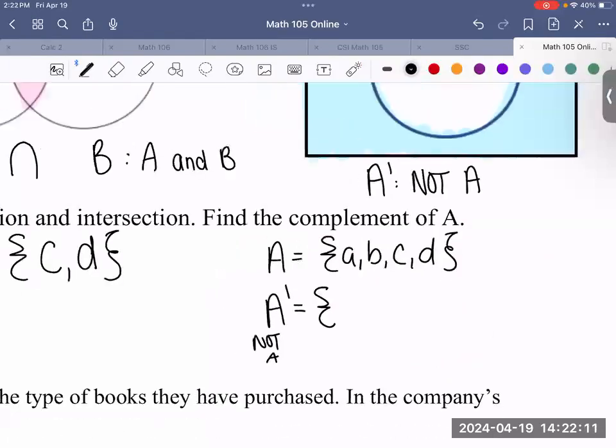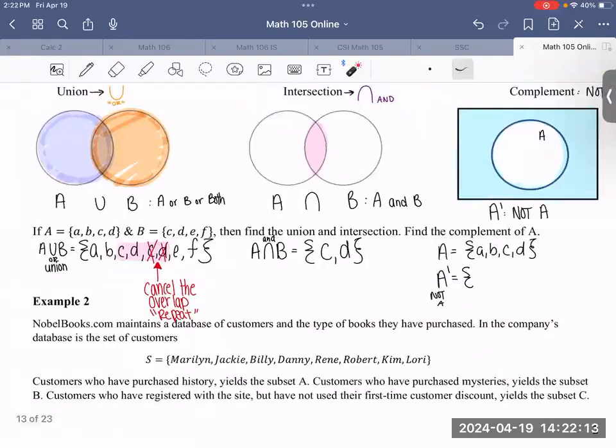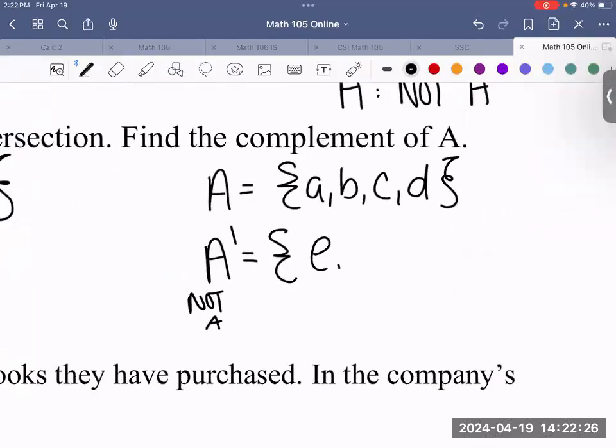So what hasn't been accounted for? If none of these are allowed in, look for what is allowed in. Not C and D, so that means E and F. So not A means just anything that is not a part of A.